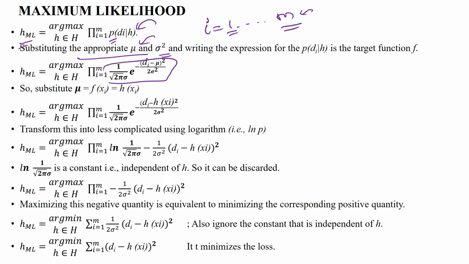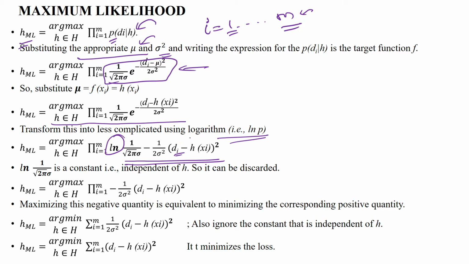When you substitute the values of the probability density function, you get the maximum hypothesis. Then we apply the natural logarithm to each data sample, where i represents the data sample.